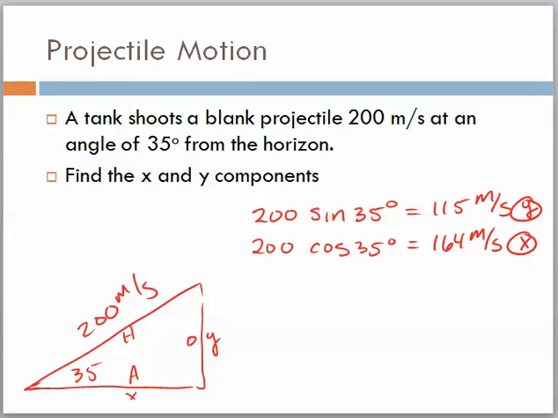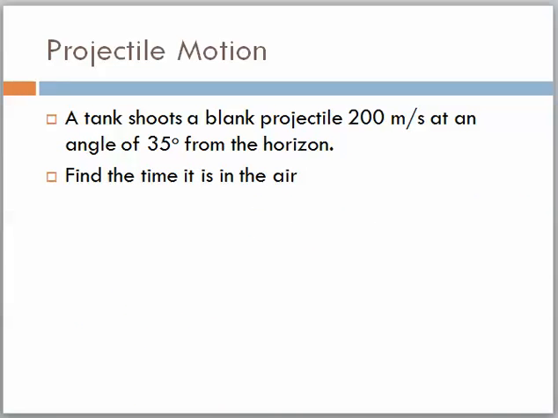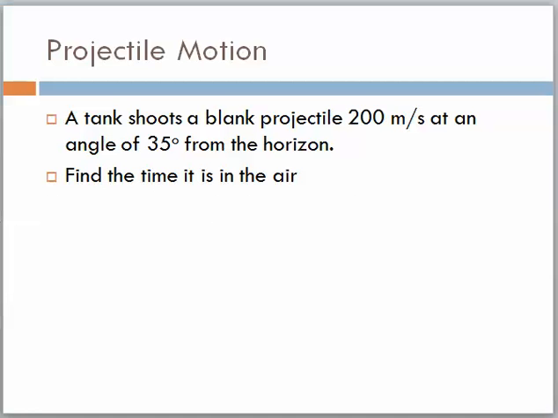So, the next problem asks us to find the time that it's in the air. Well, I know that's a vertical component. Let's backtrack a little bit. We know that the vertical velocity is 115, so my initial velocity in the y direction is equal to 115 meters per second.